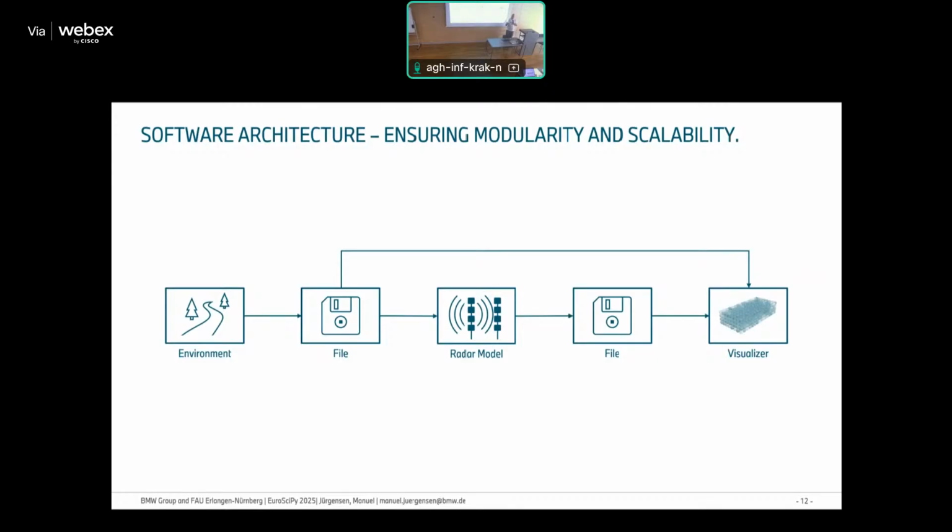At first we generate just an environment and we save it. Then from that generated environment we can simulate different radar models until different stages of complexity of processing. And then we can save that again. We can use that file to reiterate and do all kinds of things. The good thing about this is that it's quite modular, and if you wanted to do something in between, you can, because it's saved and you can just use the saved checkpoint, so to say.